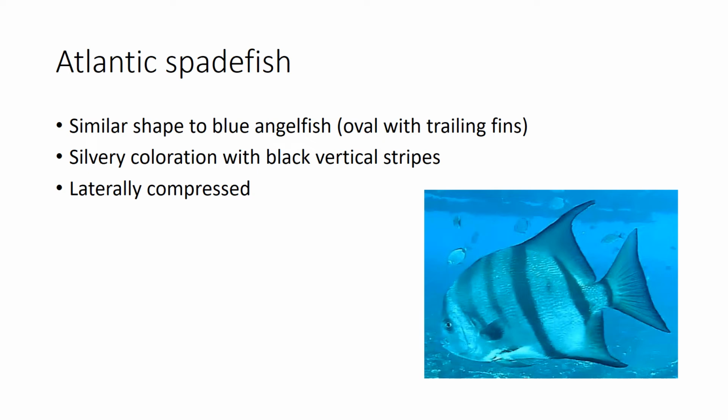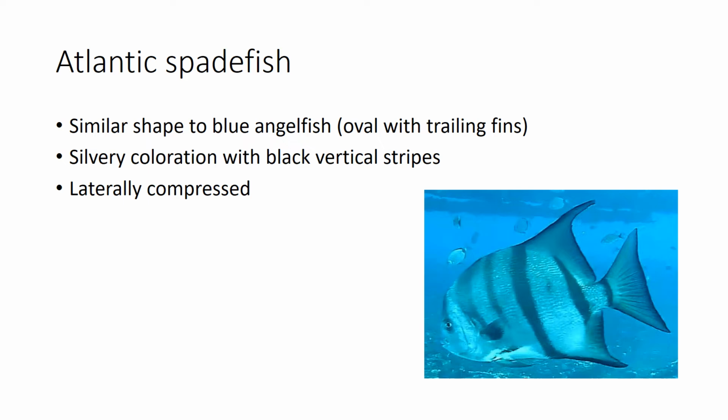The last fish that we'll be focusing on this week is the Atlantic spadefish. You can see that it has that oval shape similar to the blue angelfish, but its coloration is completely different. The Atlantic spadefish is silvery and has those distinct black vertical stripes along its body.